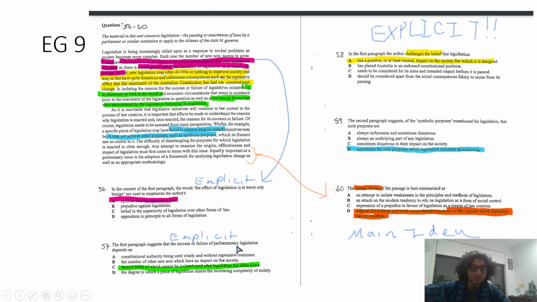Does it talk about constitutional authority? No. B, the number of other new acts which have had an impact on society. Okay, it did talk about another act, right? But did it say anywhere explicitly that the number of other acts that have an impact affect the success of another one? No. D, the degree to which a piece of legislation shares the increasing complexity of society, doesn't say anything about that, right? But let's look at C.